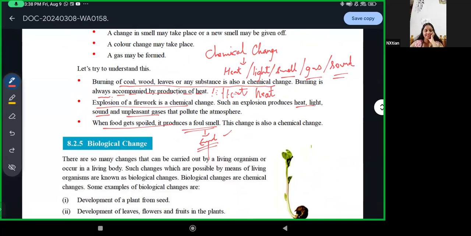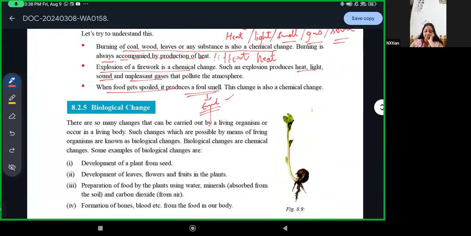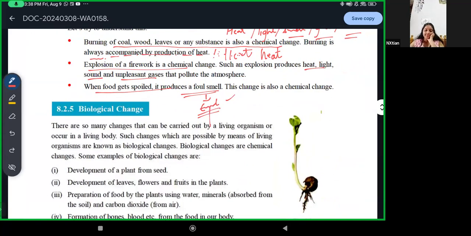Like if you're making paneer out of milk, then that's a chemical change. Paneer out of milk, I think that's actually a physical change, because it just changes its form, but not any chemical substances inside. I'm not really sure. Most of them are listed over here. That's right. No issues.